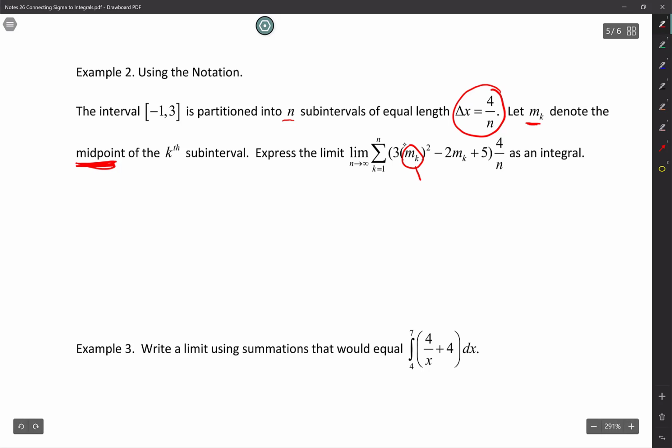That just means the x value of your kth rectangle. And that 4 over n, that's just your delta x.